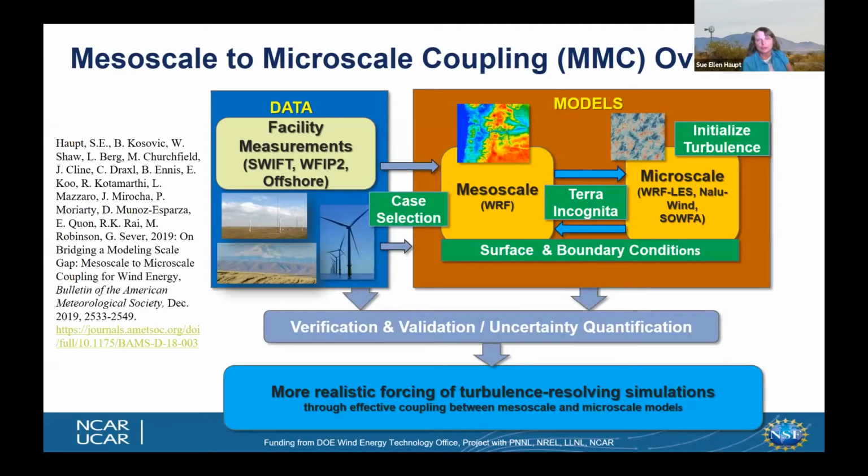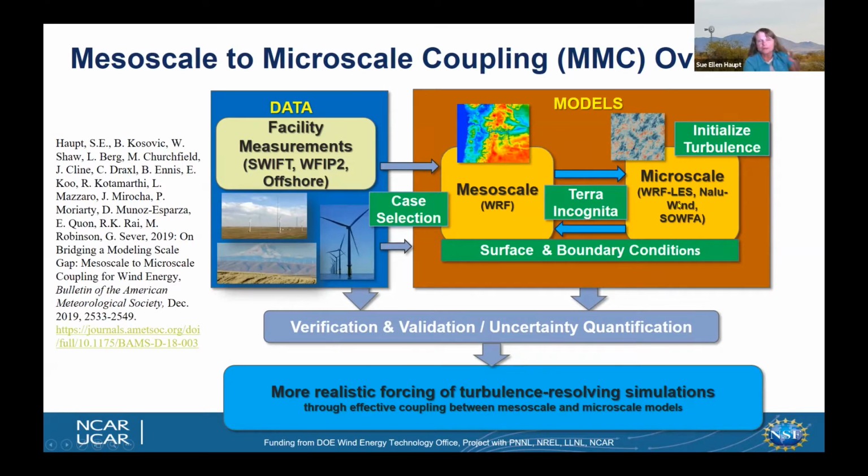So first, a little bit of context. NCAR and 3 DOE labs have been working together for the past several years to couple the mesoscale to the microscale. So basically using models like the Weather Research and Forecasting model at the mesoscale and using either WRF-LES or standalone models at the microscale.